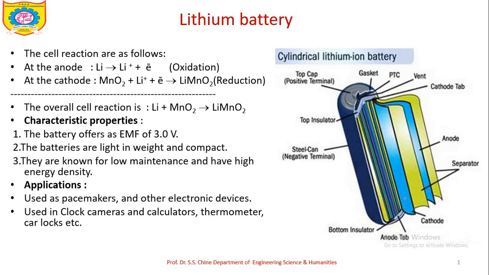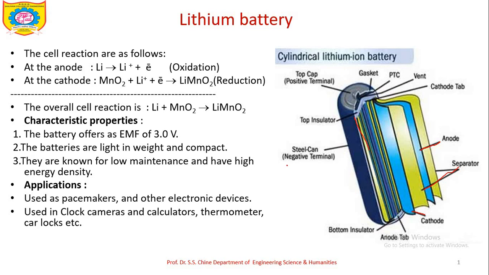Now see here in this construction, it is a cylindrical battery. This is a cross section of this lithium battery. You can see various parts here. This bluish colored part is the anode, then this is the cathode, and the anode and cathode are separated with the help of a separator, that is an insulating material.